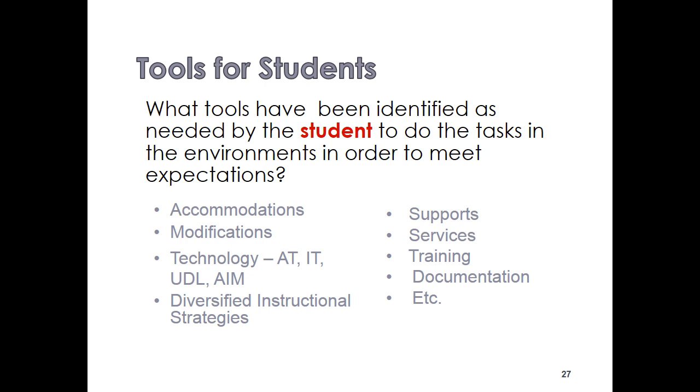But let's say, for example, Inspiration software is a graphical mapping type of software that's used in numerous educational environments to help kids get their thoughts organized, to either write a story or to brainstorm ideas, or basically as a pre-writing activity.